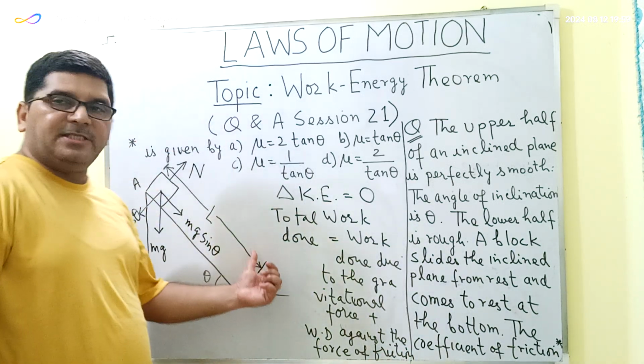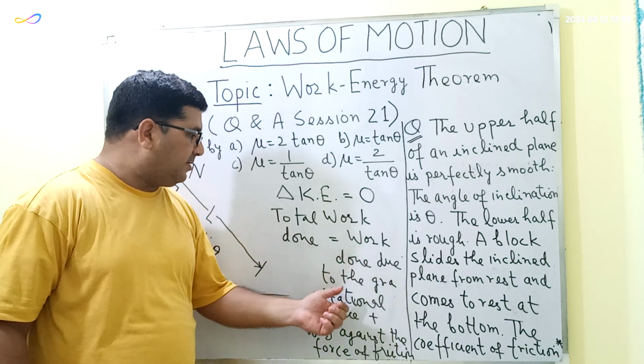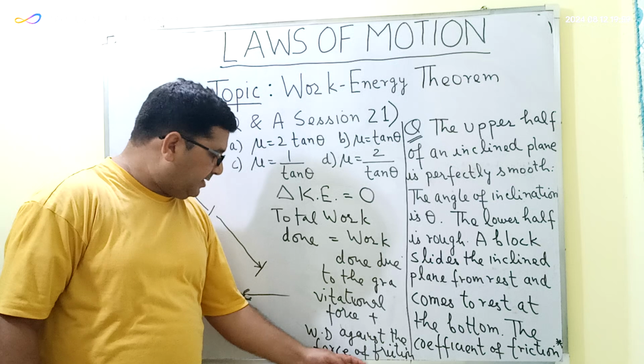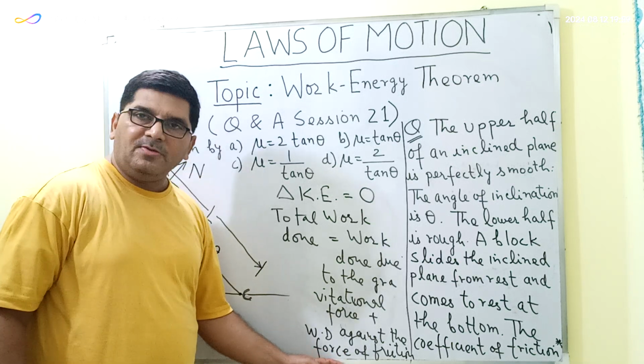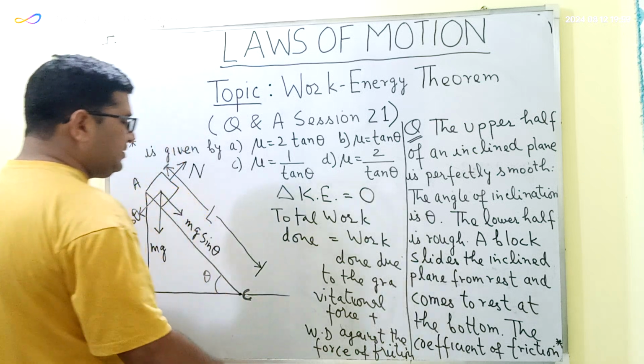So the total work done in this case will be equal to the work done due to the gravitational force plus the work done against the force of friction. We have to first of all find the work done due to this gravitational force.